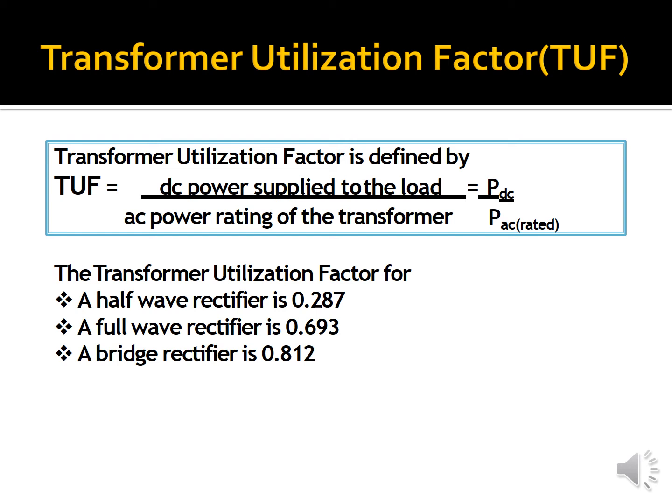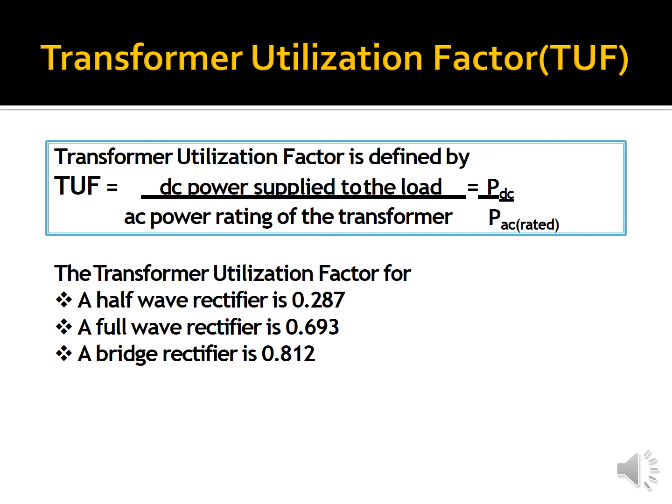The transformer utilization factor is very low in the half wave rectifier, which is 0.287, in the full wave rectifier it is 0.693, and in the bridge rectifier we get 81.2% transformer utilization.